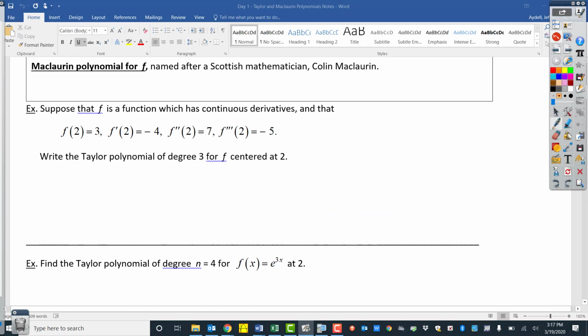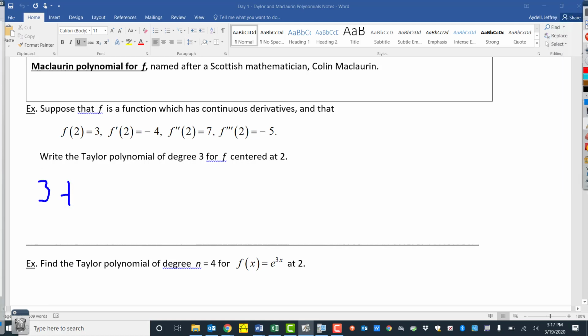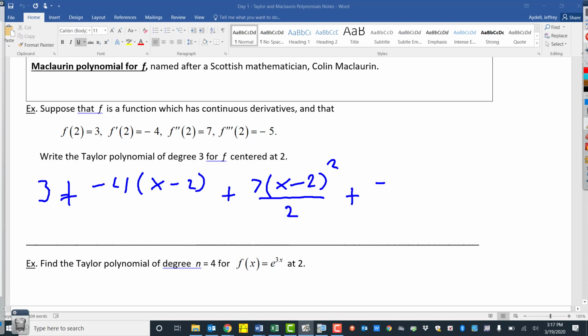Okay, so f of 2 is equal to 3, plus f prime of 2, which is negative 4, times x minus 2, plus f double prime of 2, which is 7, times x minus 2 squared over 2 factorial, which is just 2, plus f triple prime of 2, which is negative 5, times x minus 2 cubed over 3 factorial, which is 6. We're not asking you to simplify this anymore.